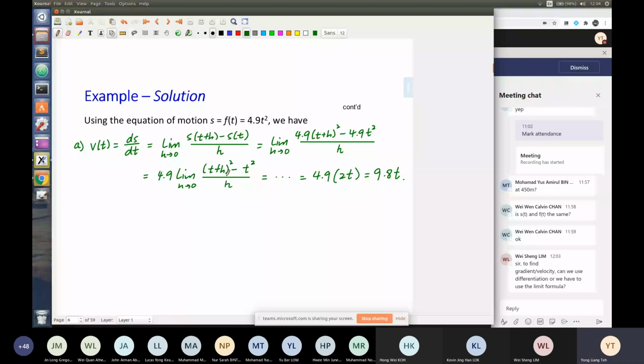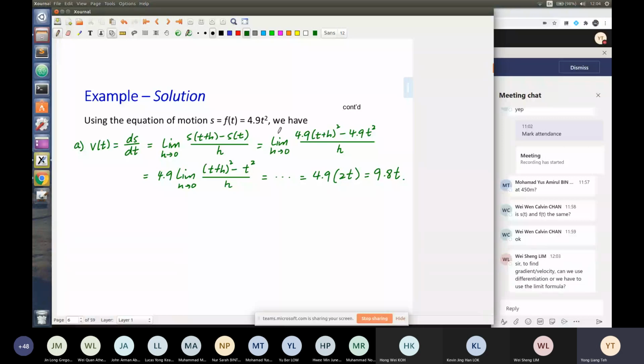But if they never state, then you can just use differentiation. Of course, in the midterm, I will have some questions that explicitly state that you have to use the limit operation, because this is part of the syllabus that you should be proficient in.